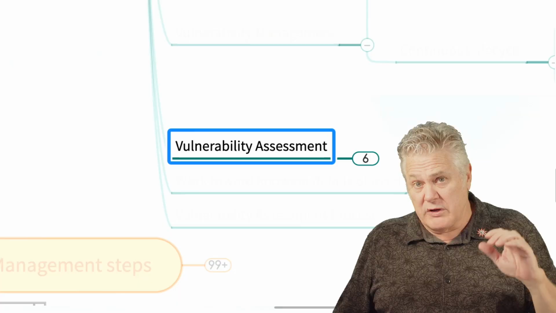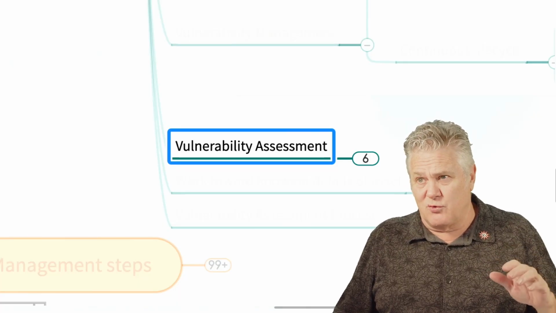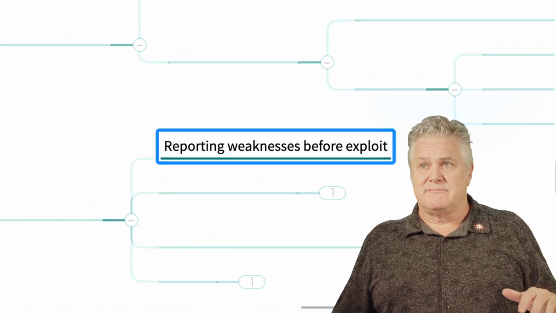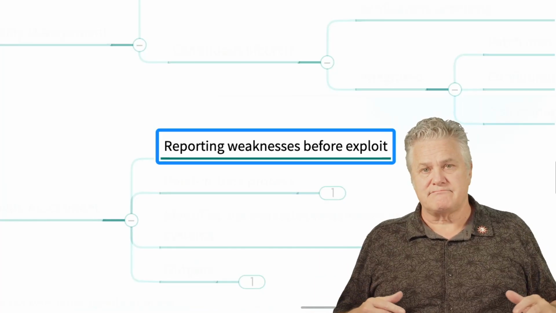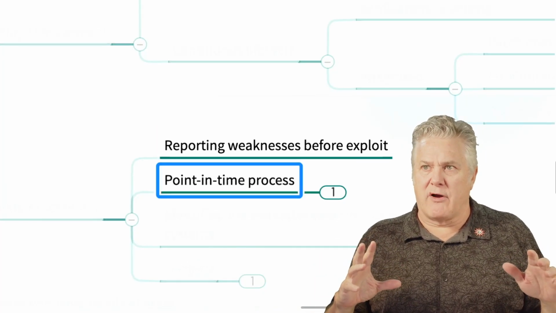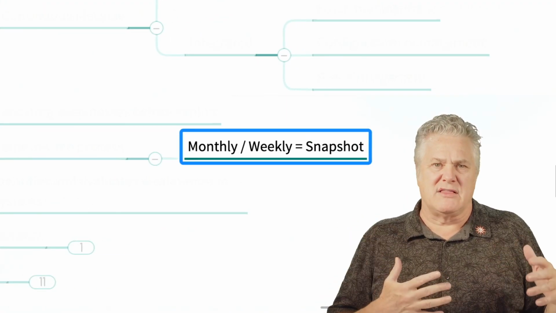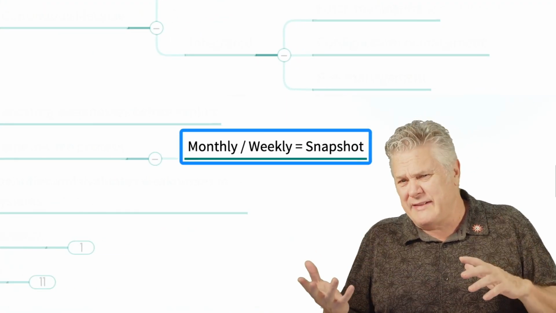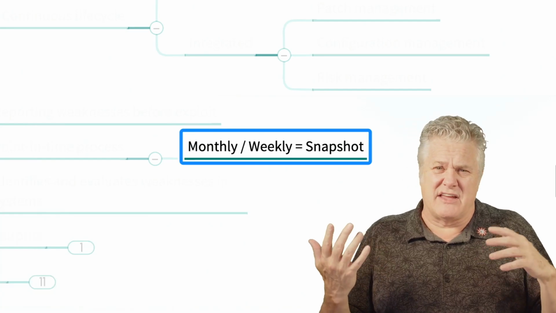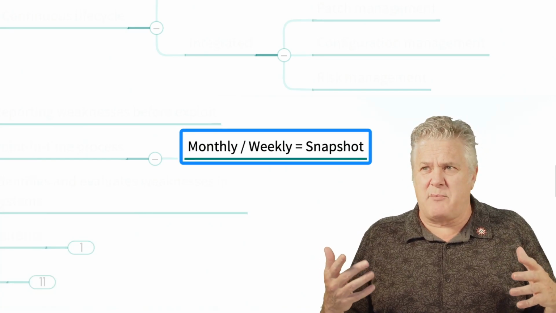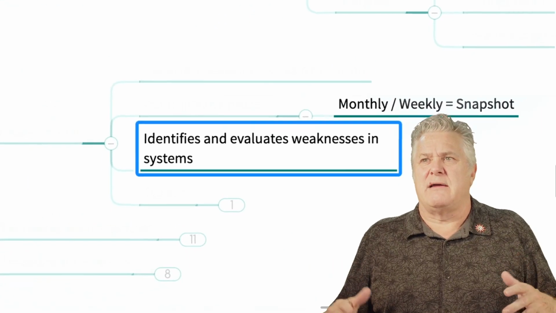But what we're really talking about is vulnerability assessment tools and techniques, and that's reporting the weaknesses, hopefully before exploits. This is a point-in-time process. This is usually on a monthly basis or a weekly basis. A weekly basis, if you've got like zero-day exploits that are happening, it's a snapshot in time.